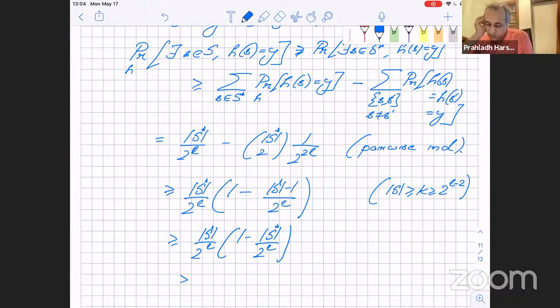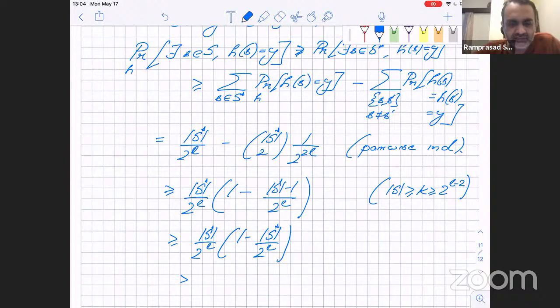Did I mess up with my question? It somehow feels like the factor of 2 gap that you had has gone missing. Because on one hand, we only had mod S by 2 power L.